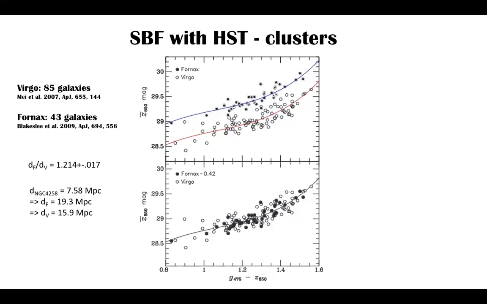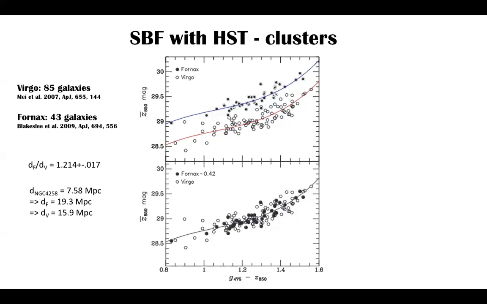The scale up the side here is a measure of the fluctuation spectrum, and there's a color dependency. And so here's the Fornax cluster, which is slightly farther away, and so in the way of astronomers, it's a larger number in this magnitude scale. But if you shift the two of them onto each other with this distance difference, you get this scaling here for the dependence on color.